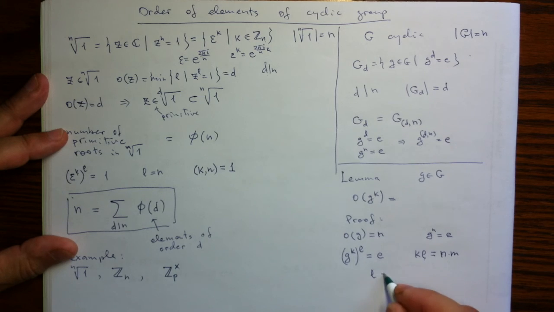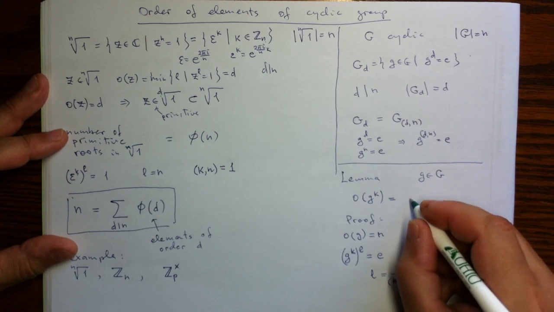Well, obviously it has to be n divided by the greatest common divisor of k and n. That definitely works, and you could argue, say, if you like, using the fundamental theorem of arithmetic, that it's the first time it works.